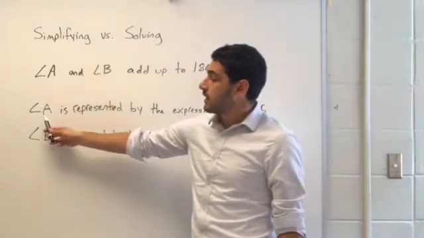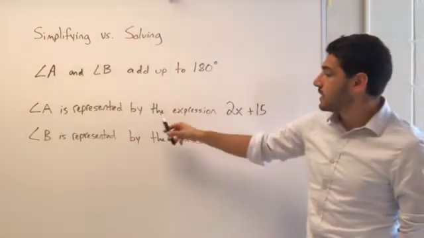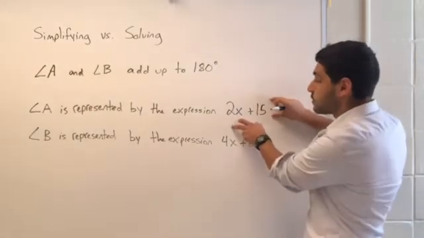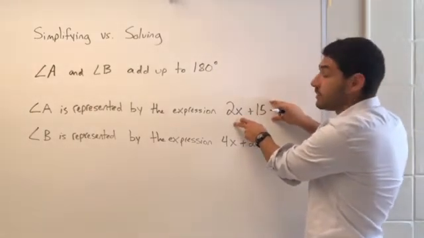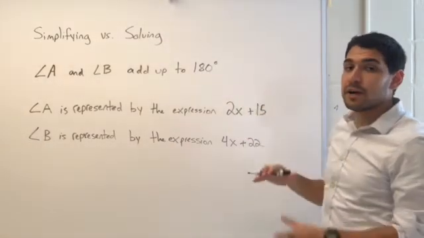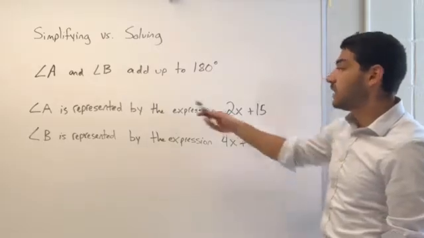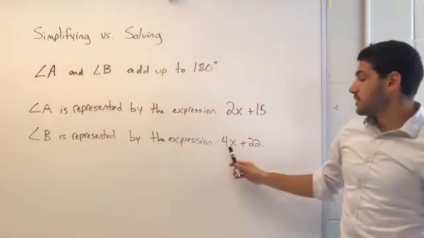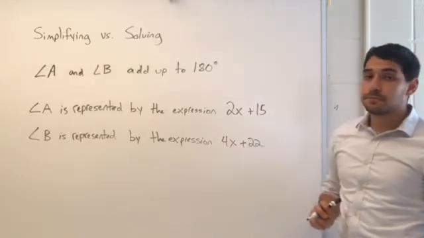Now, it's also telling us that angle A is represented by the expression 2x plus 15. So this expression right here represents angle A's measure. If we were to find out what x is, we could figure out how many degrees angle A would be. Angle B is represented by the expression 4x plus 22.